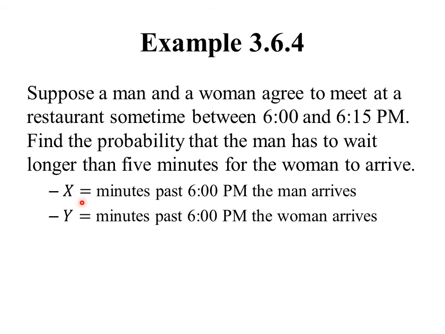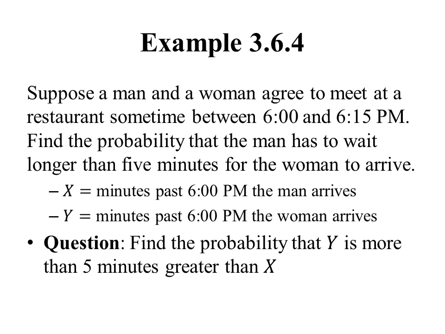So both x and y are going to take values between 0 and 15 because they both arrive between 6 o'clock and 6:15. And so in terms of these random variables, the question is, find the probability that y, the time the woman arrives, is more than 5 minutes greater than x, the time that the man arrives.